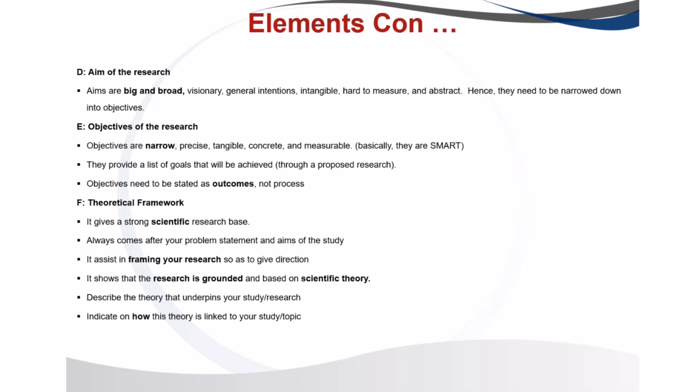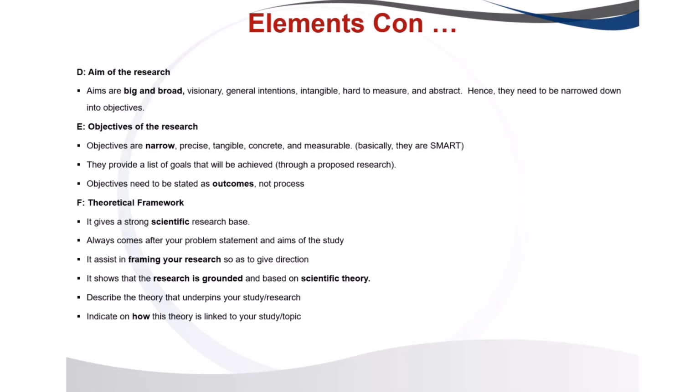Now, if I break it down to objectives, maybe one of the objectives is to determine how corporal punishment affects learners. It's an objective. To understand how corporal punishment has a negative effect on learners.